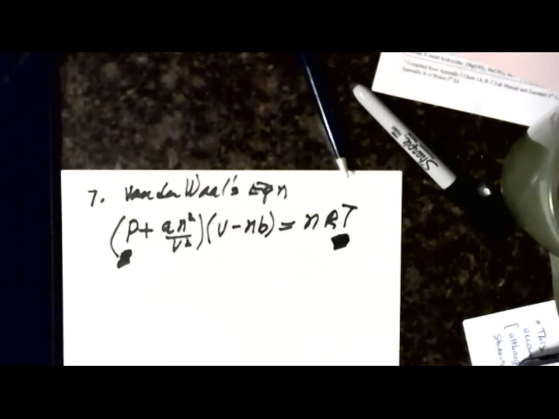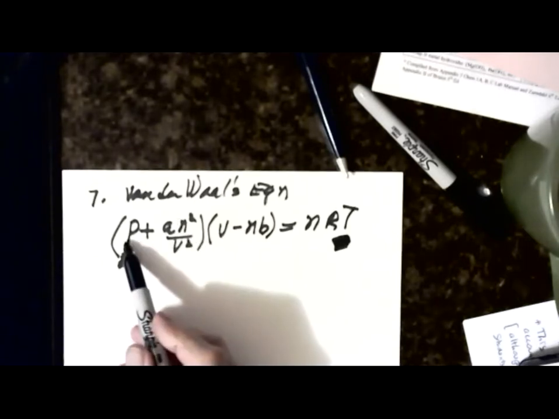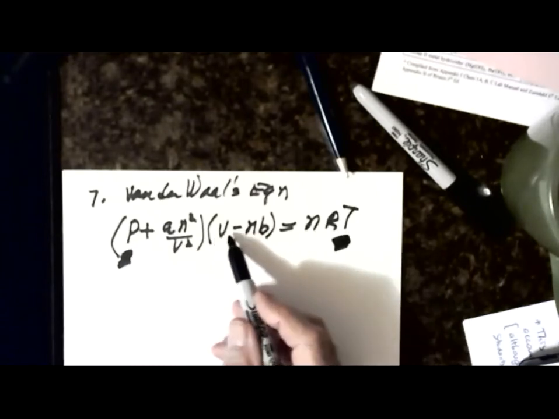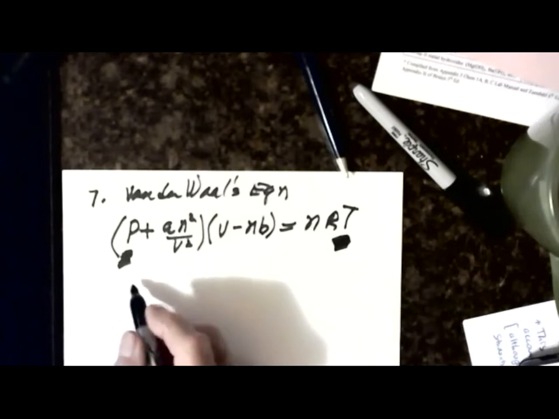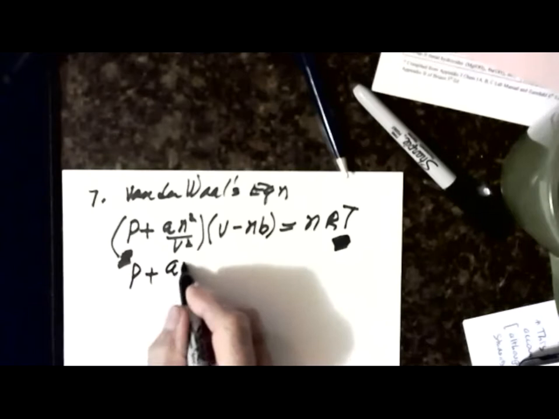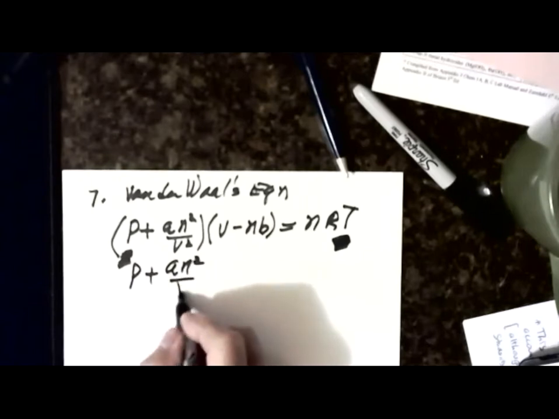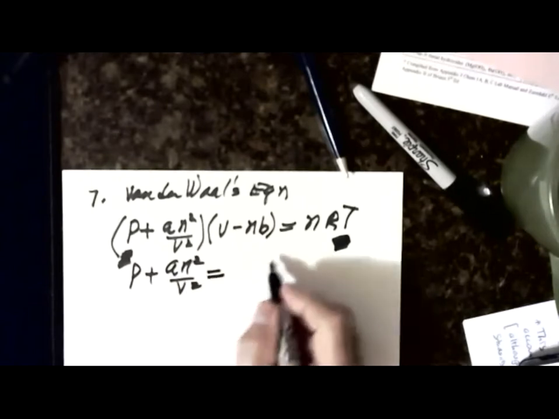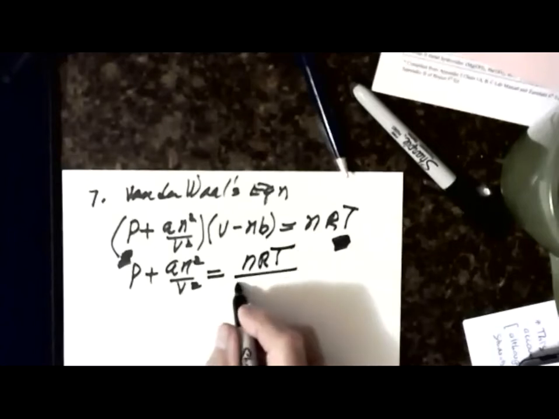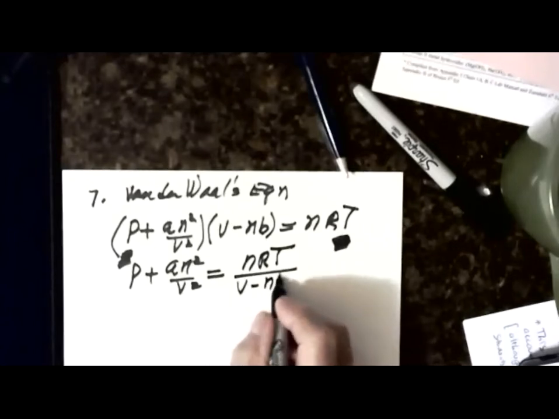So this one is asking for calculate the pressure. So I need to get the pressure on one side by itself. I'm going to divide both sides by V minus nB. So when I do that, I would get P plus An squared over V squared equal to nRT divided by V minus nB.